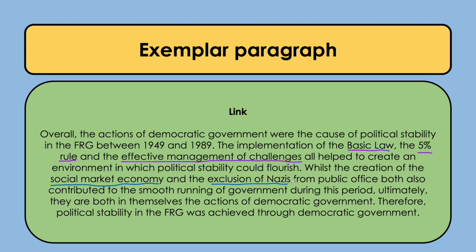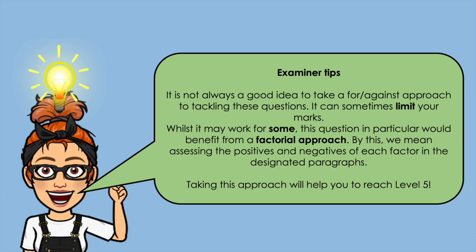And then what I've done is I've explained why I disagree with them being the most important factor in creating political stability, because I've said here that they are actions of democratic government in themselves. And then finally, at the end, I have provided my judgment there. So that is an exemplar paragraph.